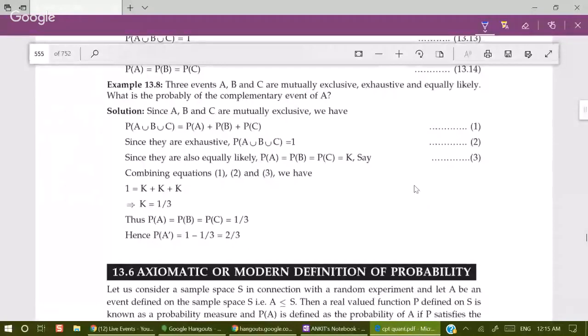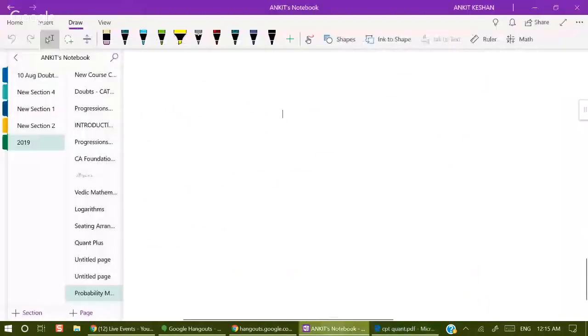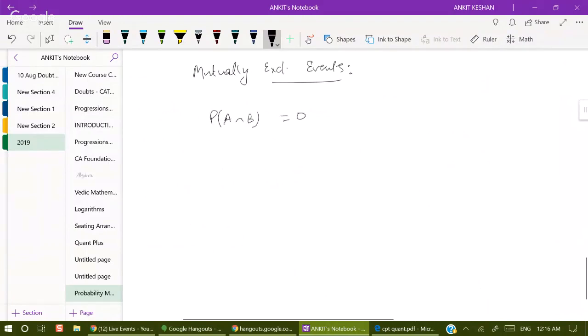When we talk about mutually exclusive, exhaustive, and equally likely, let me tell you a few things. If we discuss the set theoretic approach, then for mutually exclusive events, the probability of A intersection B is equal to 0.